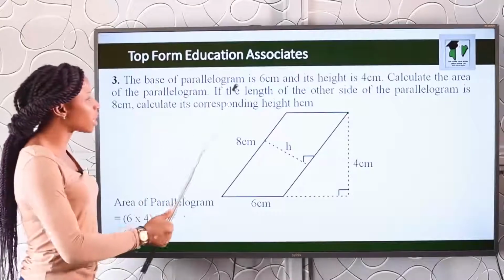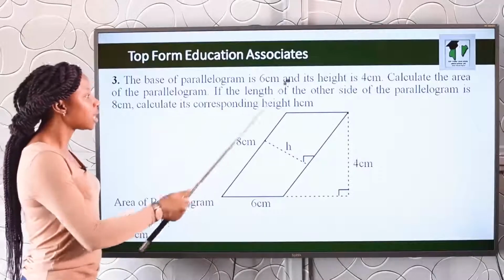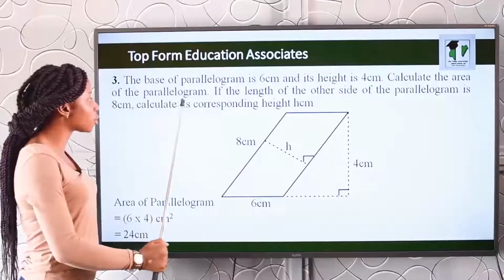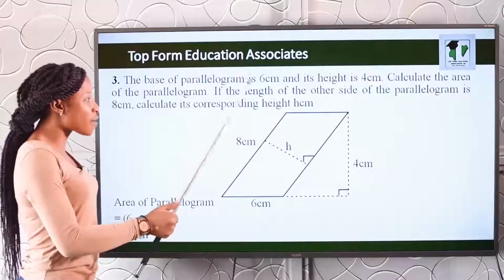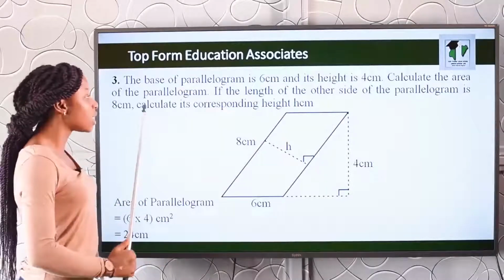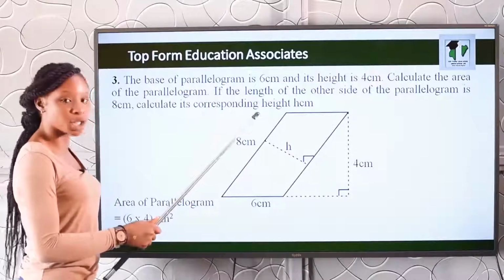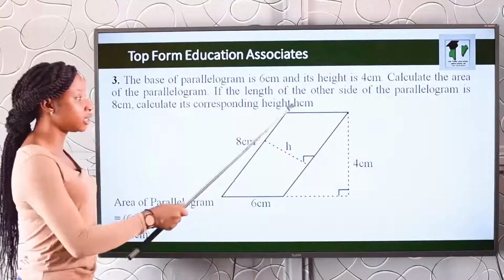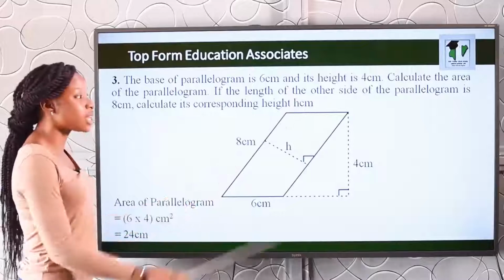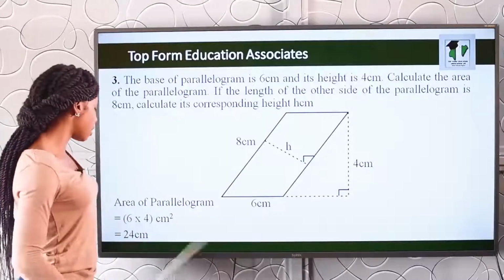The base of a parallelogram is 6 centimeters, its height is 4 centimeters. Now calculate the area of the parallelogram, full stop. If the other side of the parallelogram is 8 centimeters, calculate its corresponding height. This symbol here means H in centimeters. That's height in centimeters.